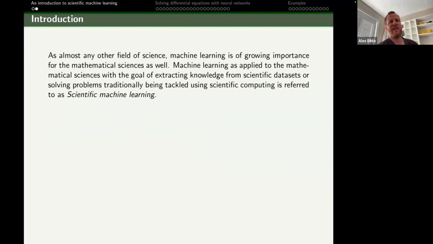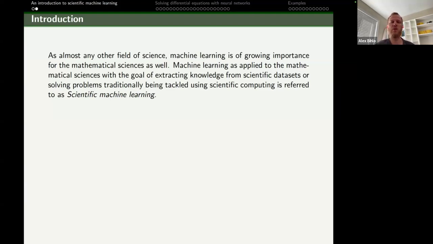Obviously, like almost any other field of science, machine learning took off after the initial breakthroughs some 10 or so years ago, when AlexNet beat the ImageNet competition and put deep neural networks on the map again. The mathematical sciences also caught on and started to use methods of machine learning.